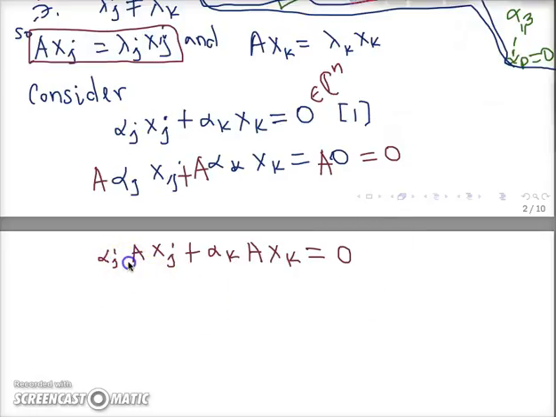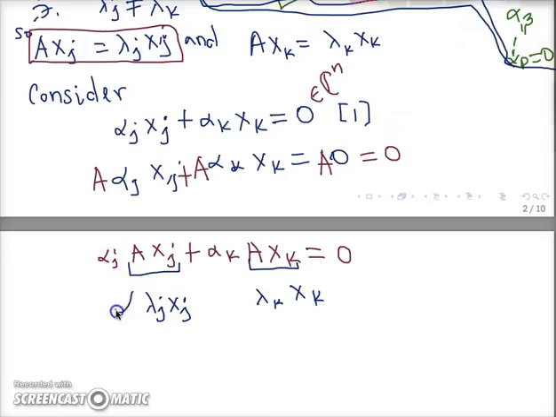This part becomes lambda j xj because of the definition of eigenvalue and eigenvector, and then this portion, also using that definition, becomes lambda k xk.